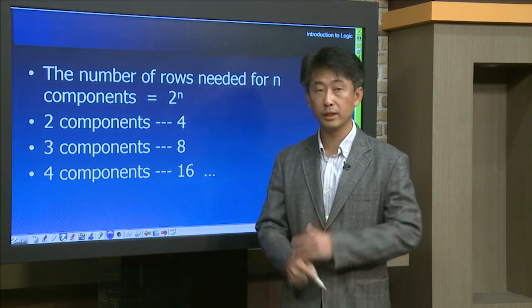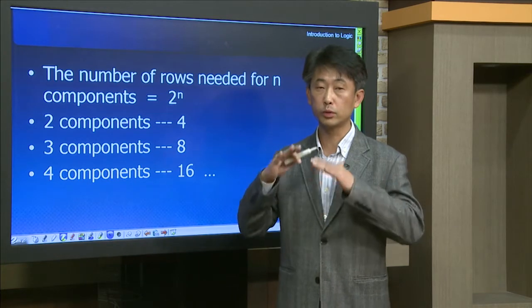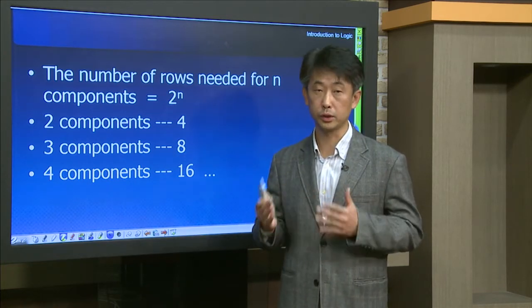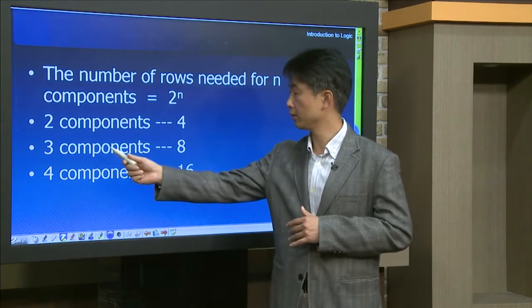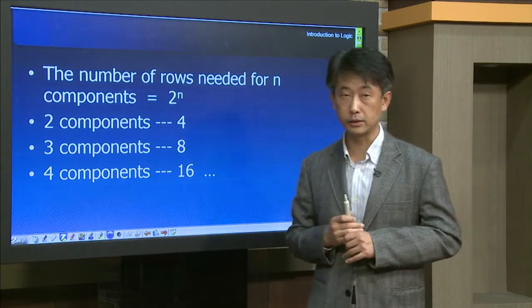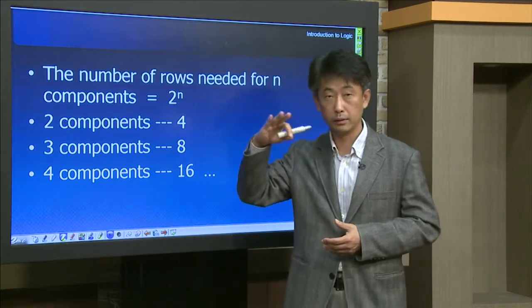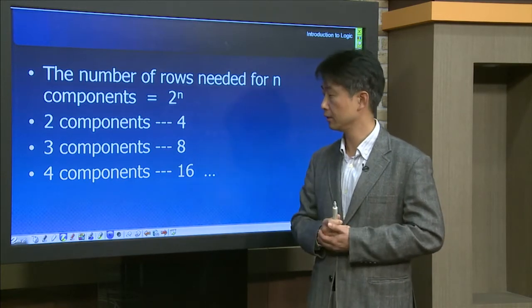But when the number of component sentences increases, the number of rows that you have to construct for the truth table increases exponentially. So when you have 3 component sentences, let's say P, Q, S, then the number of rows that you have to complete is 8.